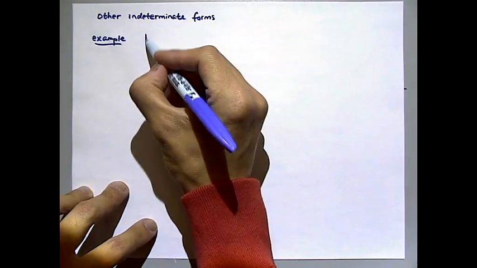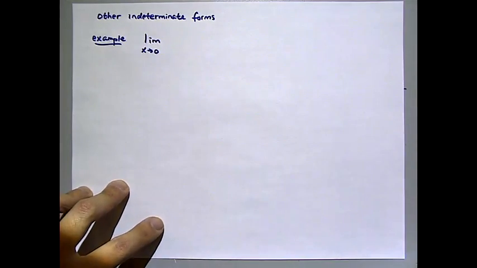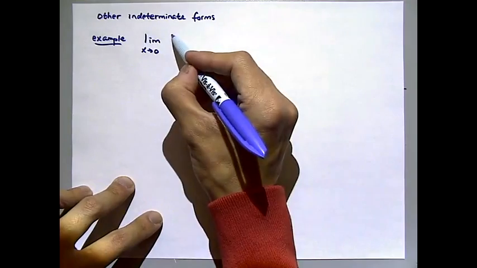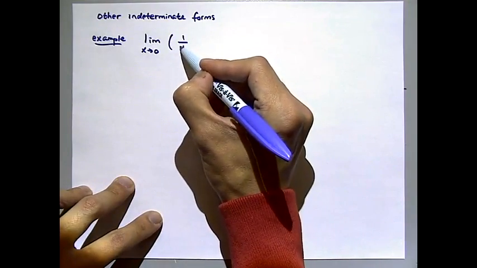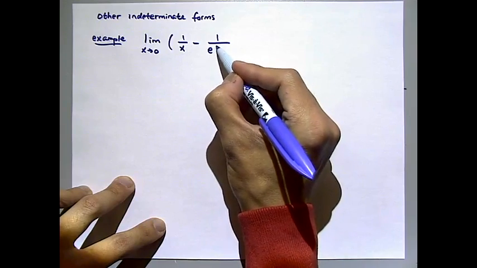Let's look at this one. Limit as x goes to 0 of 1 over x minus 1 over e to the x minus 1.